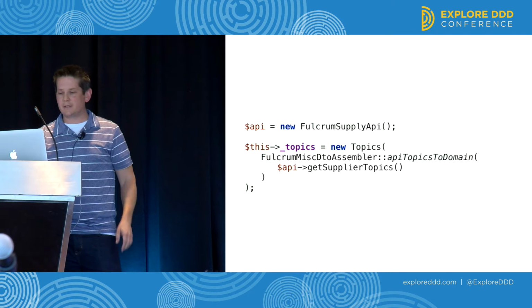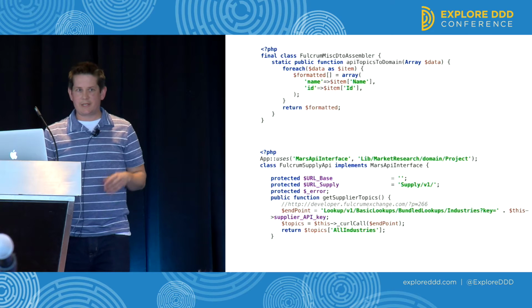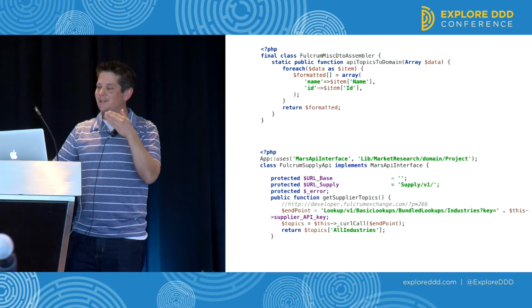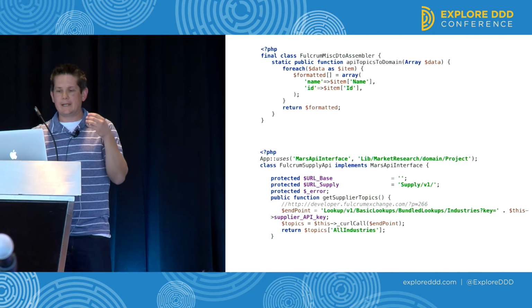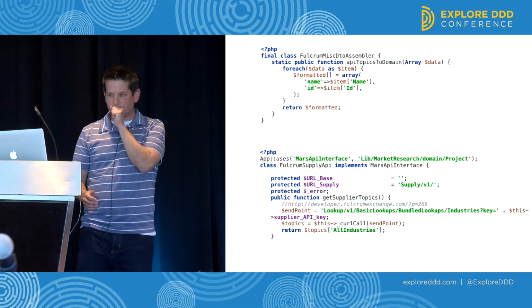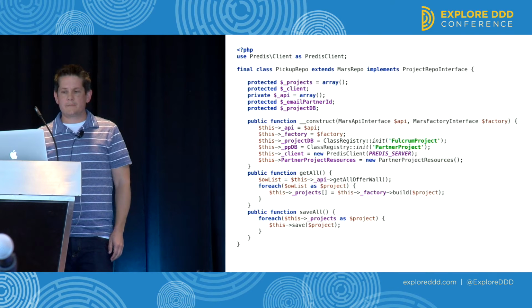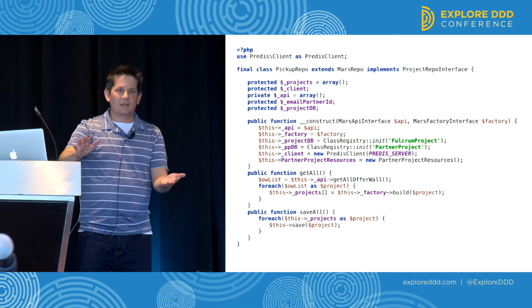And I'll show more of that in a little bit. So again, I was doing a data transformation object, and I created an API interface that all of our partners could use. And that allowed me to create a repository which could wrap all that stuff inside of it.